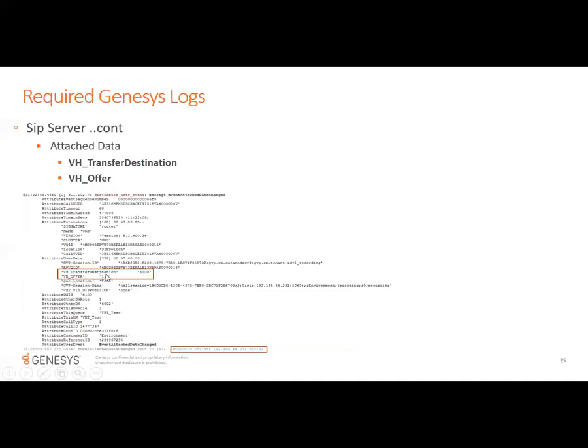Yes means that we will be offered a treatment for Virtual Hold, and no means that the call will just move on to the ACD queue that's defined. Also here at the bottom, you can see the attached data that's being distributed. We see that we're distributing events out, and the VHT INTF is a part of that distributed event, so it should be receiving this bit of TLib as a part of the call flow.